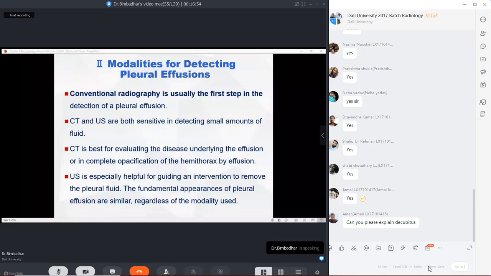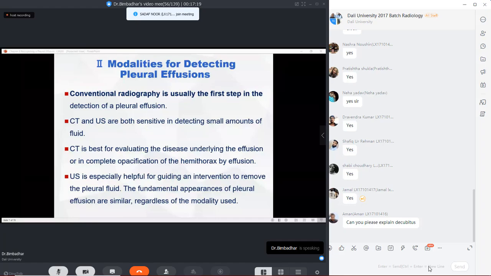How do we do it? We ask the patient to lie on the right side, and then the X-ray is exposed the same as the lateral film itself. So you do it over his axilla, and the rays pass from the side of the body.